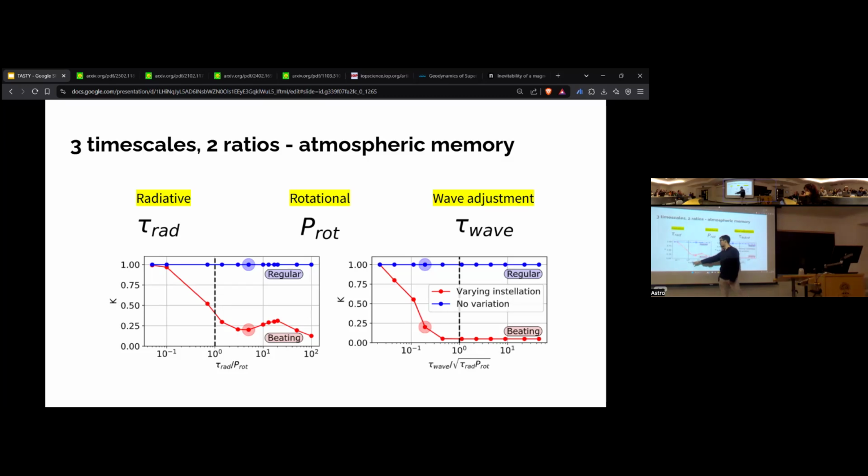One of them is the forcing time scale over the rotational time scale, and the other one is the wave time scale, which is the speed at which any perturbation on the surface of the planet can be distributed all over the surface. Based on these two time scale ratios, we can give an idea of the behavior. So if we calculate these for any planet, we can say whether or not they will show beating.